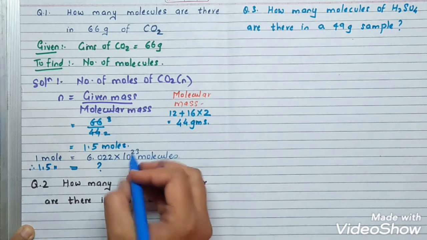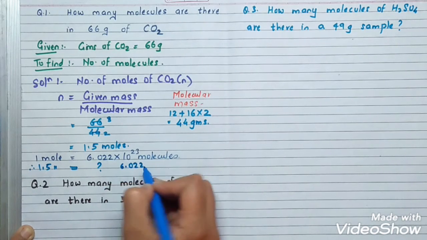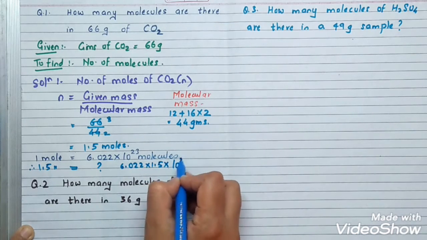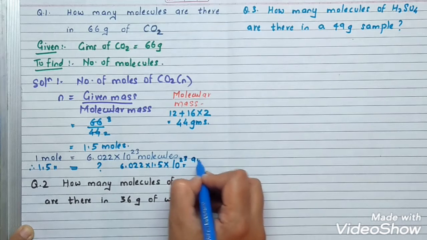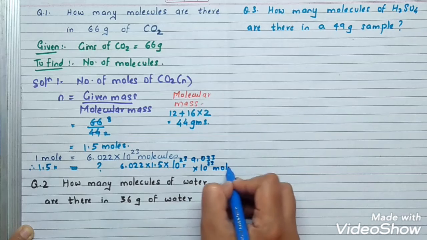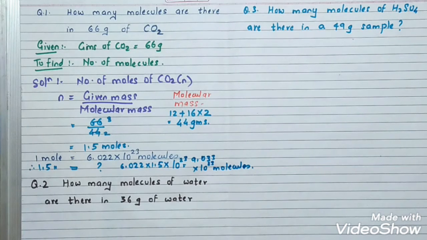We have to cross multiply. That is 6.022 into 1.5 multiplied by 10 raised to 23. The answer you will get is 9.033 into 10 raised to 23 molecules. So this is the answer for the first sum.